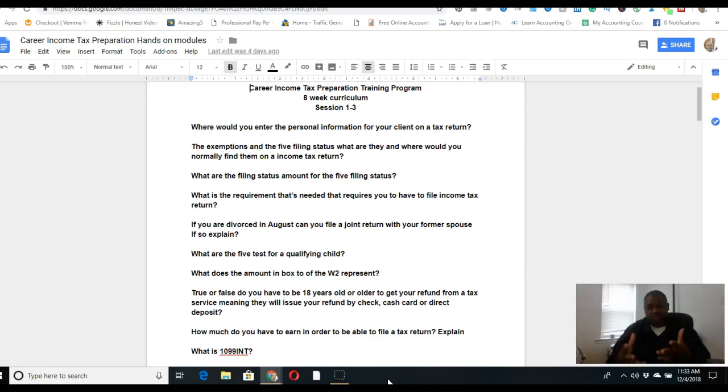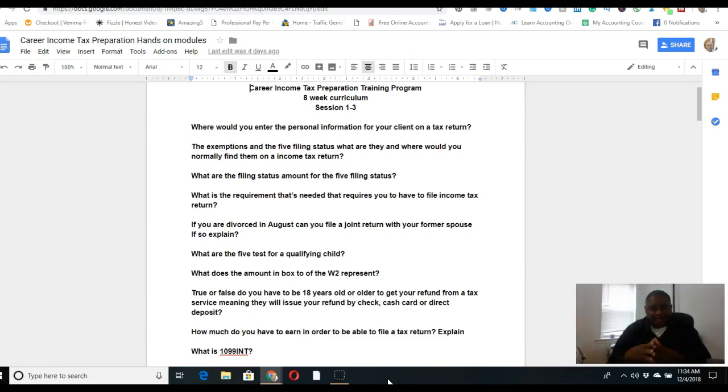So for a person who's single, they would have to basically make over $10,400 in a single calendar year to be required to file a return. For a person who is head of household, that amount will go up even more. For people who are married, that amount will go up even more.